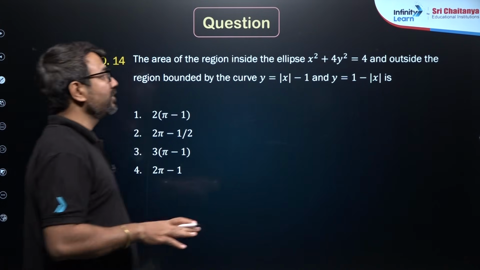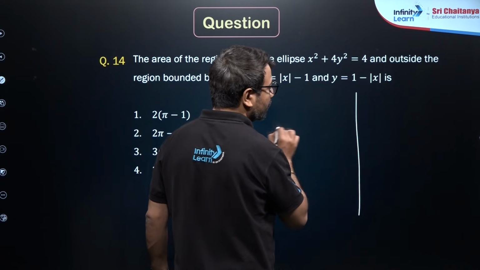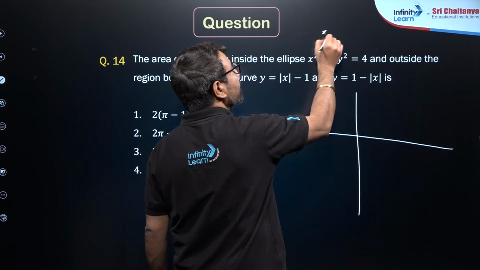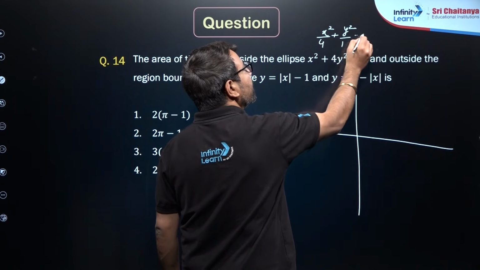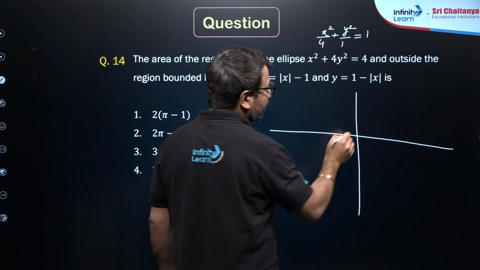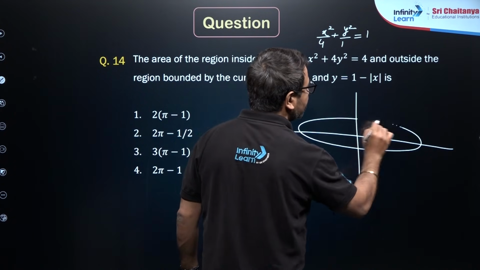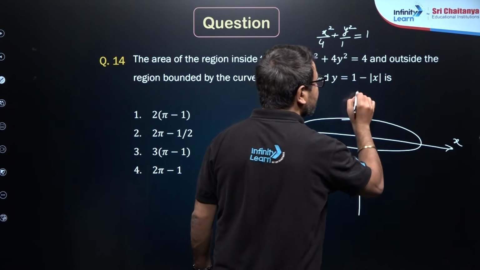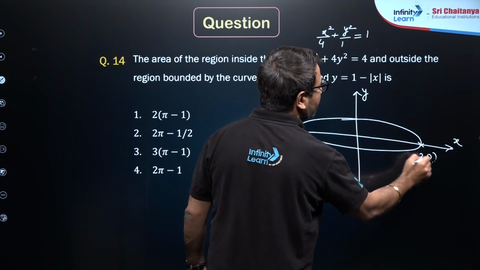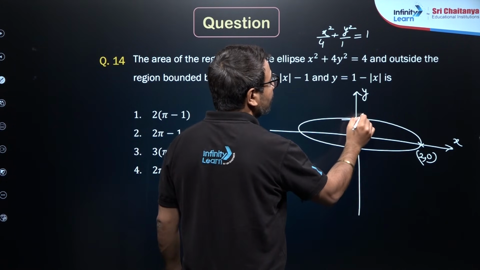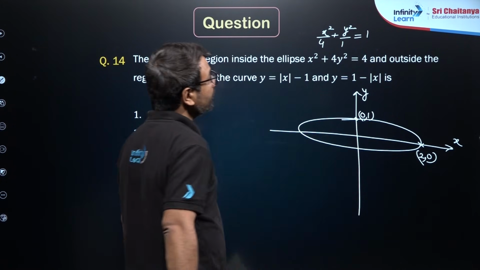Next is the area of the region they are asking. So one of the equations I can see here is x square by 4 plus y square by 1 equals 1. So over here, this is an elliptical path. This is the x-axis and this one is the y-axis. So here you have 2, 0 and here you have 0, 1.